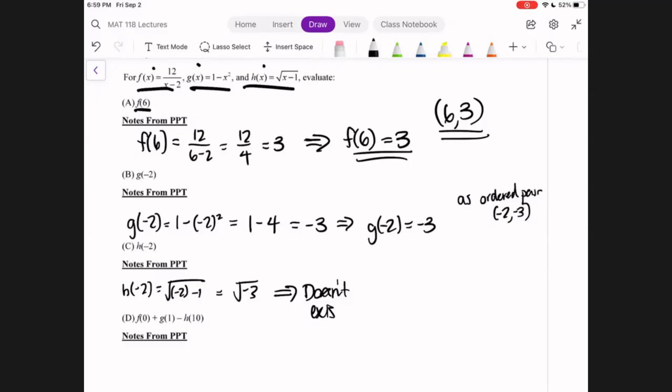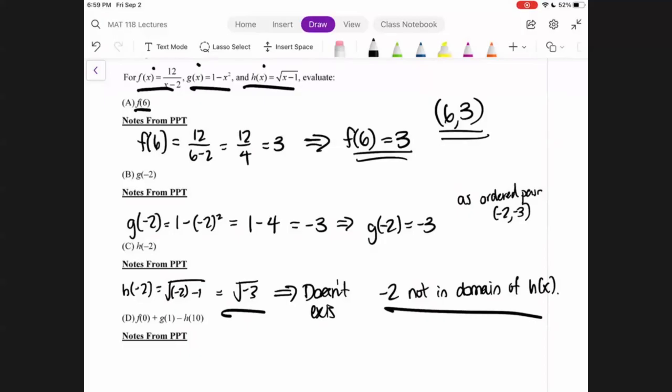So in this case, negative 2 is not in the domain of h of x, okay? It's not in the domain because I can't get what this value is. I can't take the square root of negative 3.